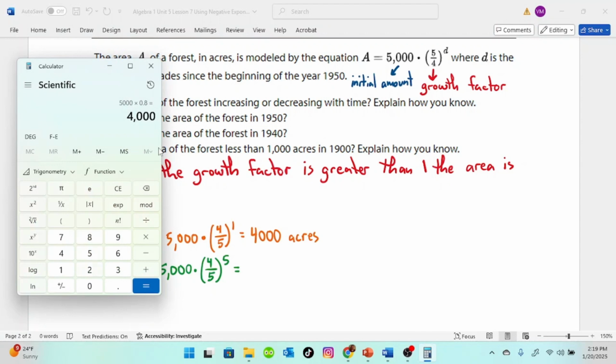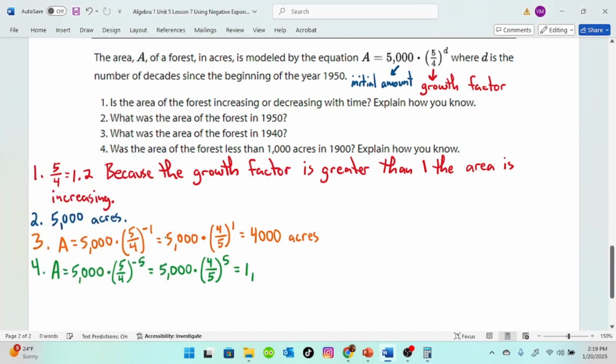4 over 5 is equal to 0.8. We want that to the power of 5. And now we want to multiply by the original 5,000 acres in 1950. And that gives us 1,638.4 acres.